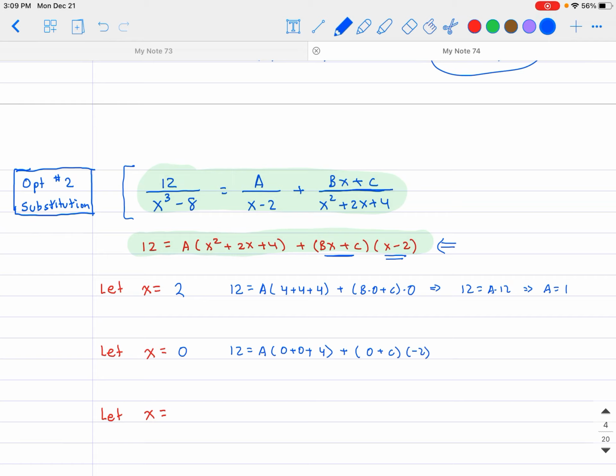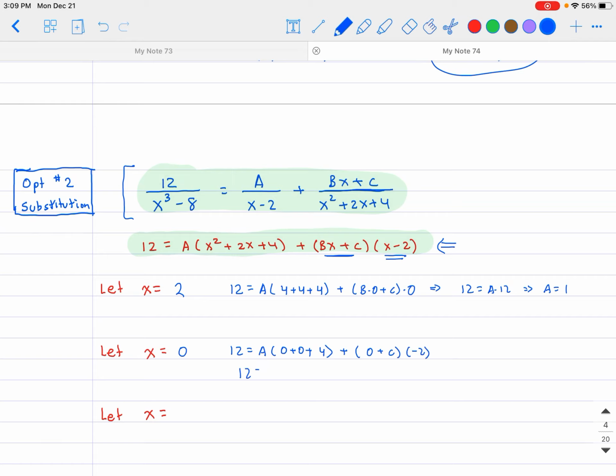So clean that up a little bit more. We get 12 is equal to 4a, and then we have minus 2c, and if you remember, we solved for a already, so we can plug that in. So 12 is equal to 4 minus 2c, and then we have 8 is equal to negative 2c, so that means that c is equal to negative 4.